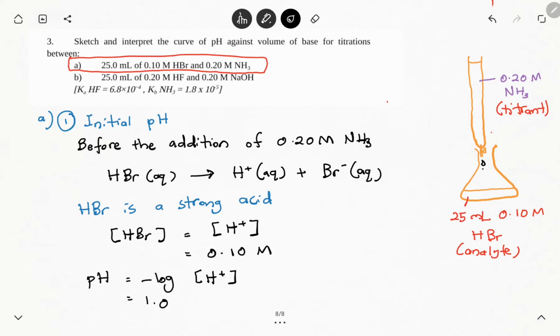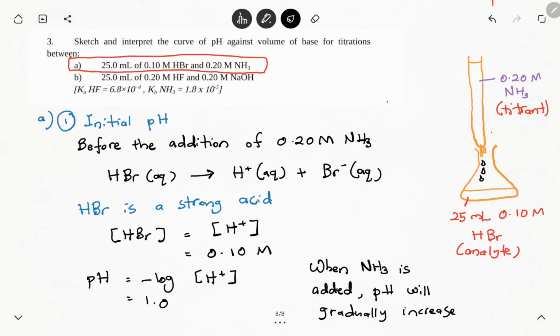When we start adding the NH3 into the conical flask, the pH of the solution will gradually increase. Okay, so the first step is done. We have identified the initial pH.